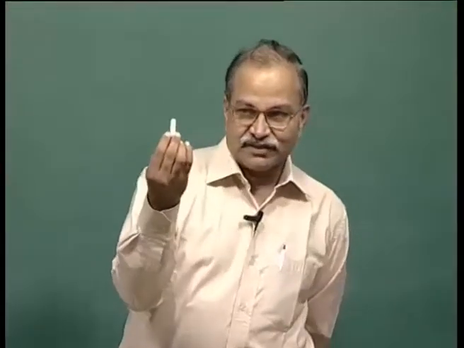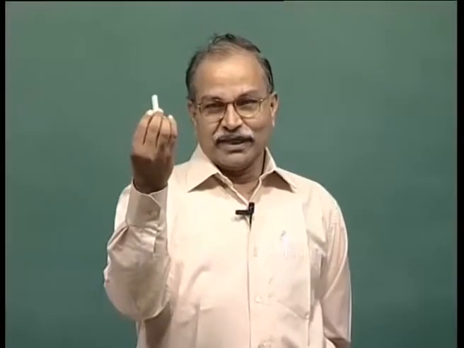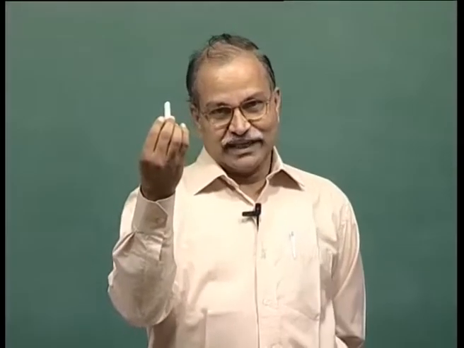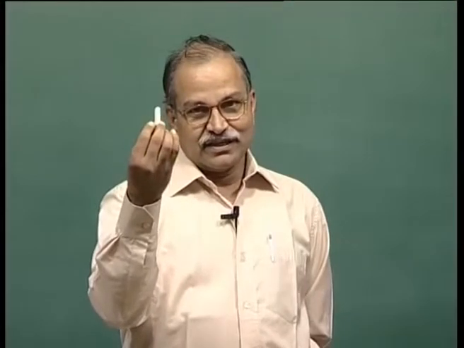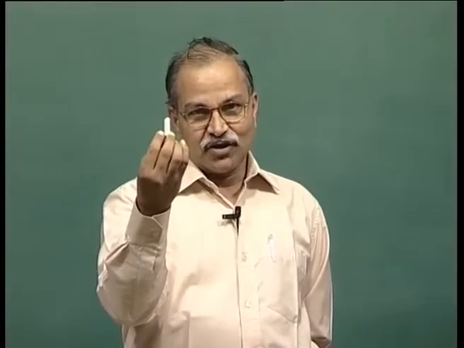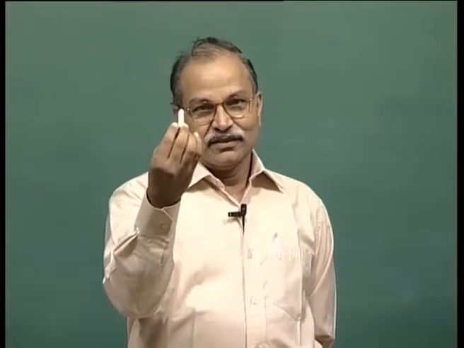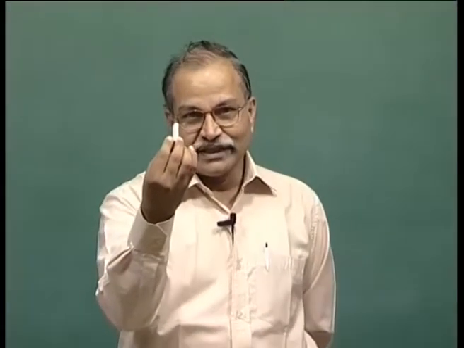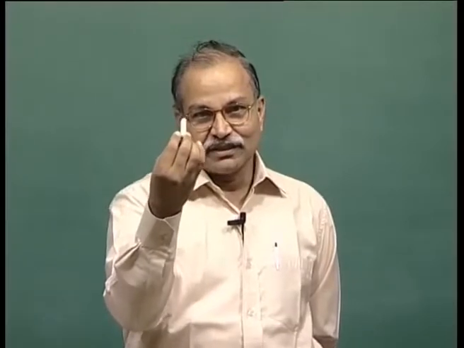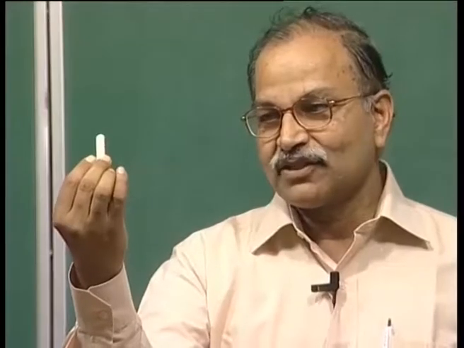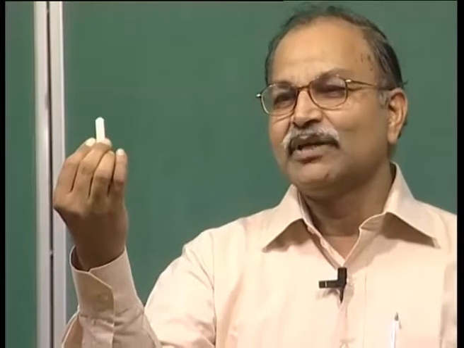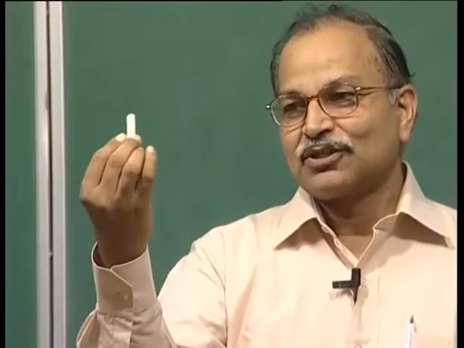If I ask you, I have this chalk in my hand. How big is this chalk, what is the diameter of this cylindrical chalk? You can look at the chalk and tell me an estimate, whether it is a millimeter or a centimeter or a kilometer. You can just look at this chalk and tell me that it is around a centimeter or so.